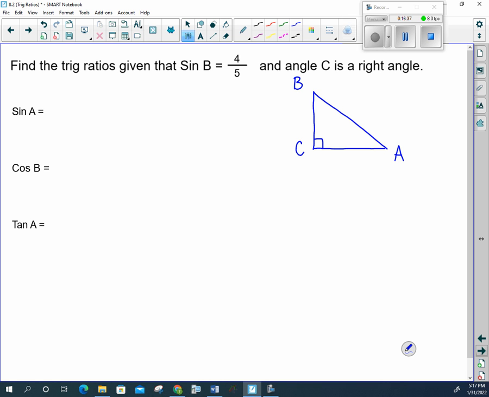So remember, in words, sine B is the opposite side over the hypotenuse.